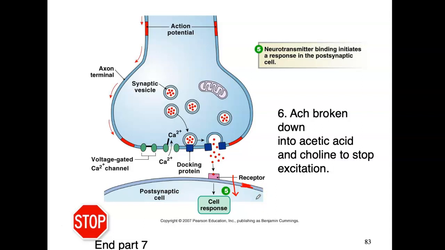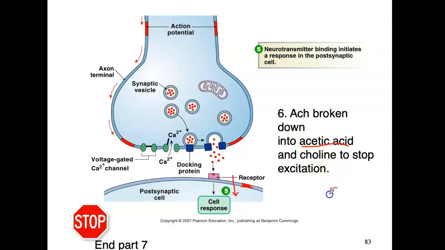If I could put in a step 6, it would be acetylcholine has to be broken down eventually if you want this to stop, if you want to stop this connection between both cells. So acetylcholine, which is one of the neurotransmitters, and it's stimulatory most of the time, it will break it down into acetic acid, that's the acetyl part, and choline.